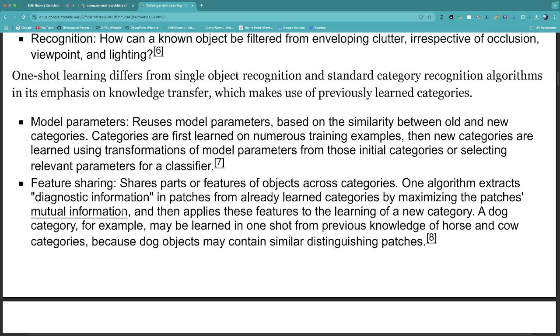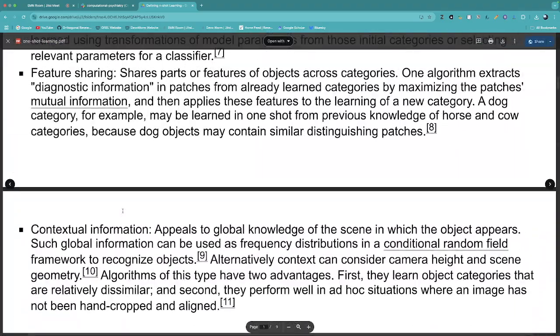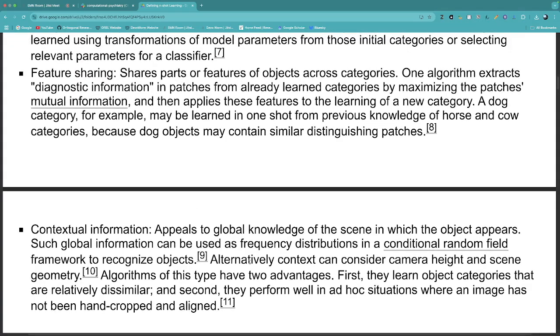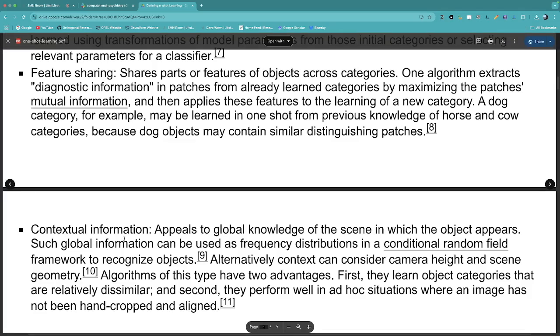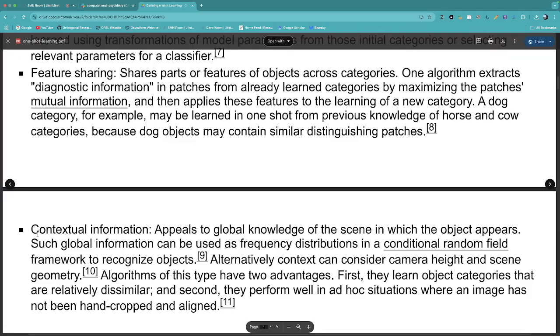You'd classify a dog in the context of a quadrupedal animal, a horse or a cow. There are different ways you can do this sort of transfer, but this is the way it's usually done in machine models.